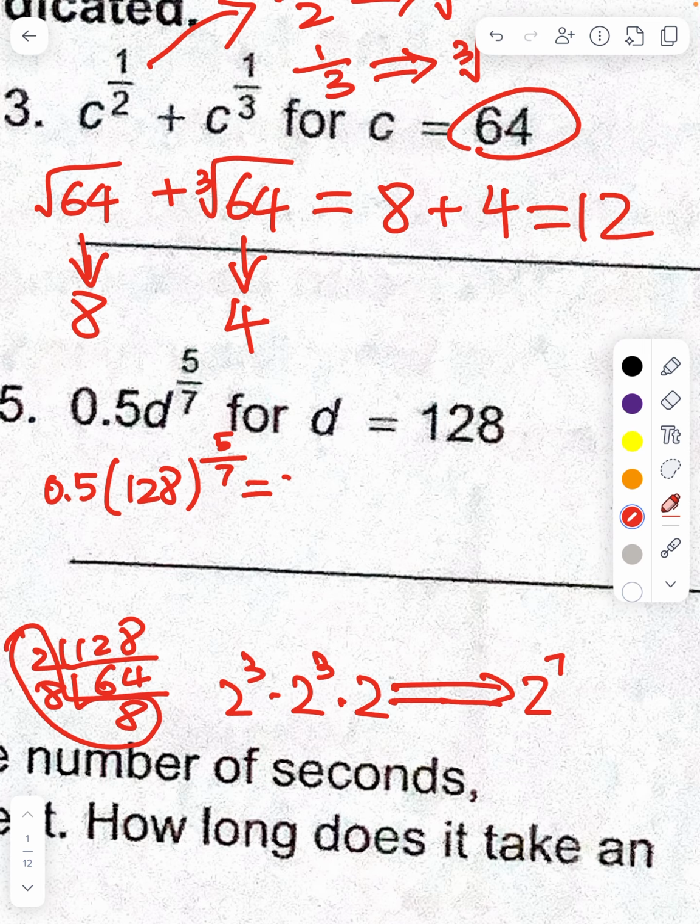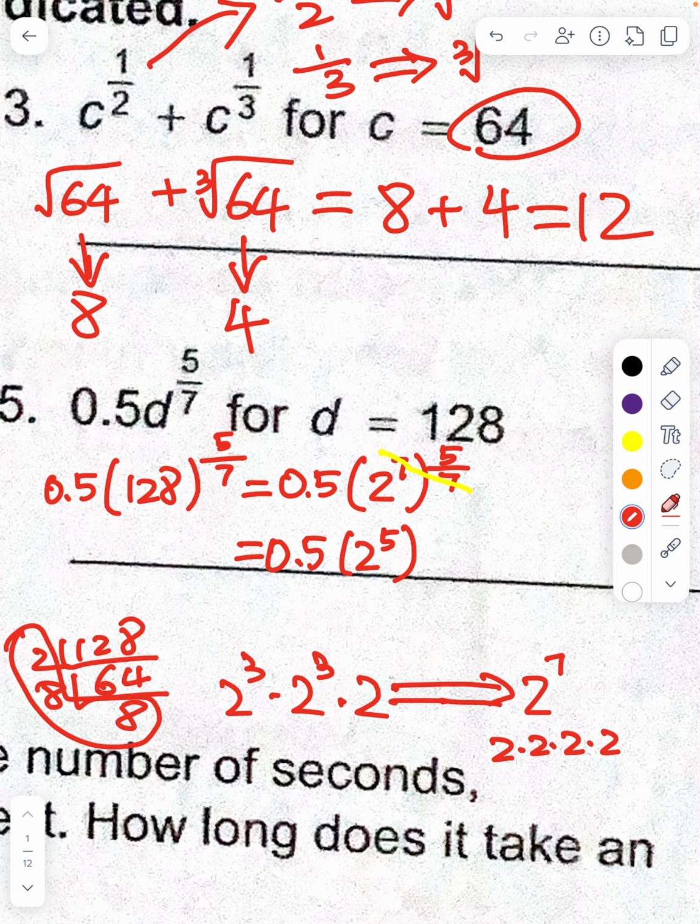And then we times another 2, so that's 2 raised to the power of 7. Okay, good. So 0.5 times, I change 128 to 2 raised to the power of 7. And we have another fraction power outside. Again, 7 times 5 over 7. 7 can cancel out. We only have 5 left, so 2 raised to the power of 5. 2 times 2 times 2 times 2 times 2.